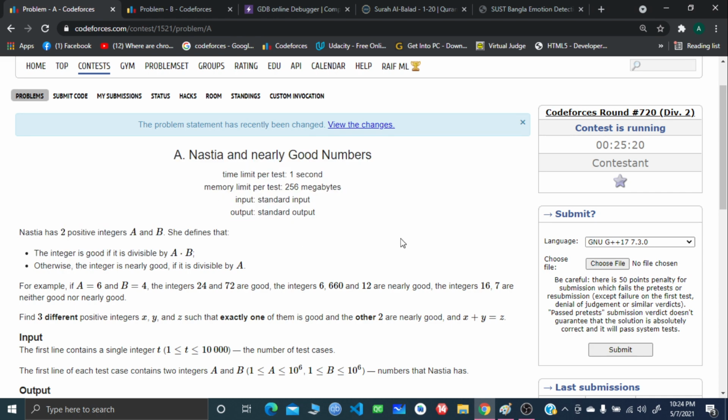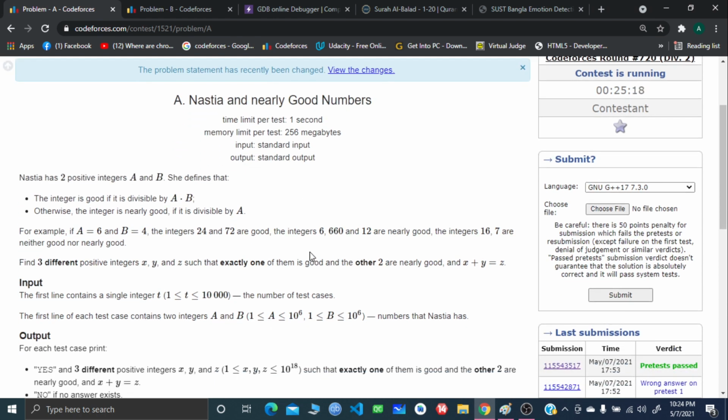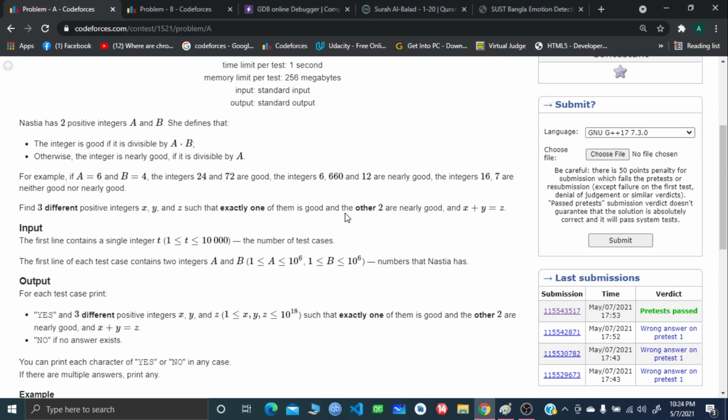In the first problem, we are going to be given two integers a and b, and we have to output three integers x, y, and z. The condition is that they have to be different positive integers, and x plus y has to be equal to z, and z has to be divisible by a times b.